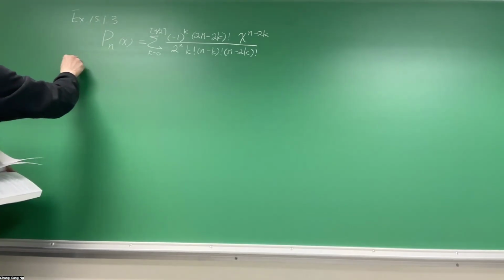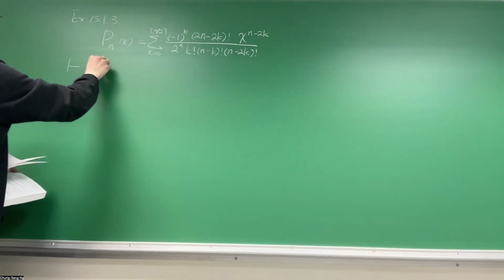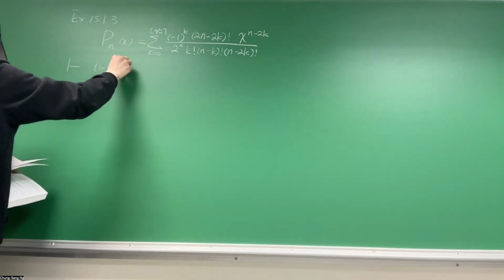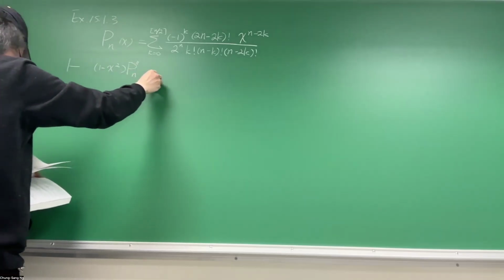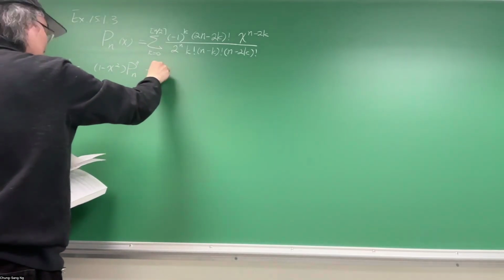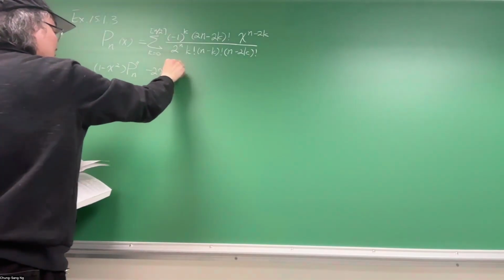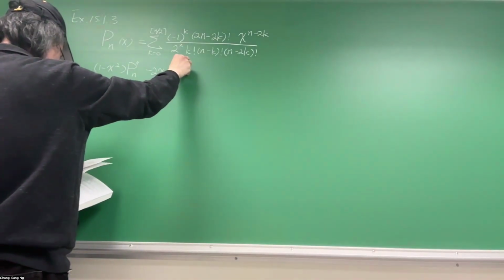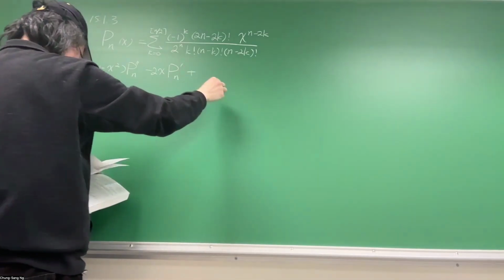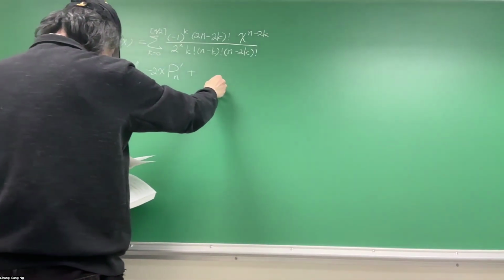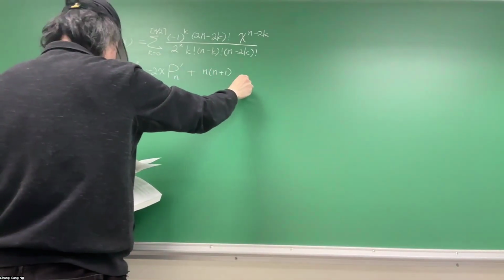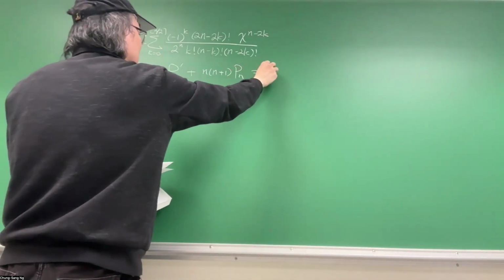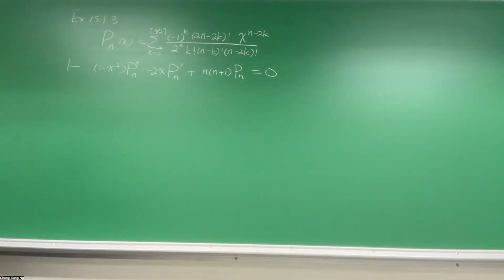So show that 1 minus x squared times P sub n double prime, minus 2x P sub n prime, plus lambda, which becomes n times n plus 1 in this case, times P sub n, equals 0. Right? So that's the question.